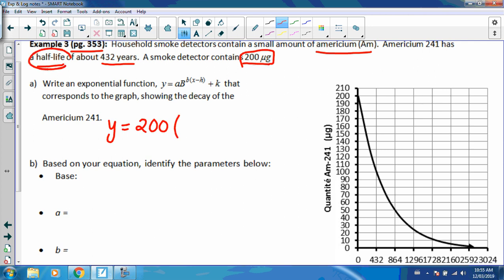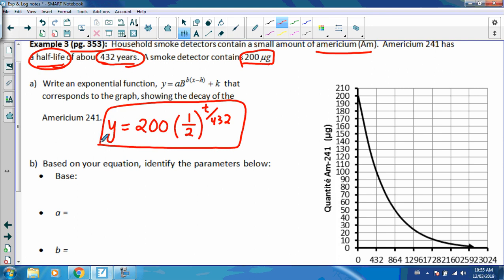It is a half-life, so that tells me that the base is going to be 1/2. And time, in this case years, over the half-life time, which is 432. So there's our equation. Hopefully this looks familiar from the homework from the other day.